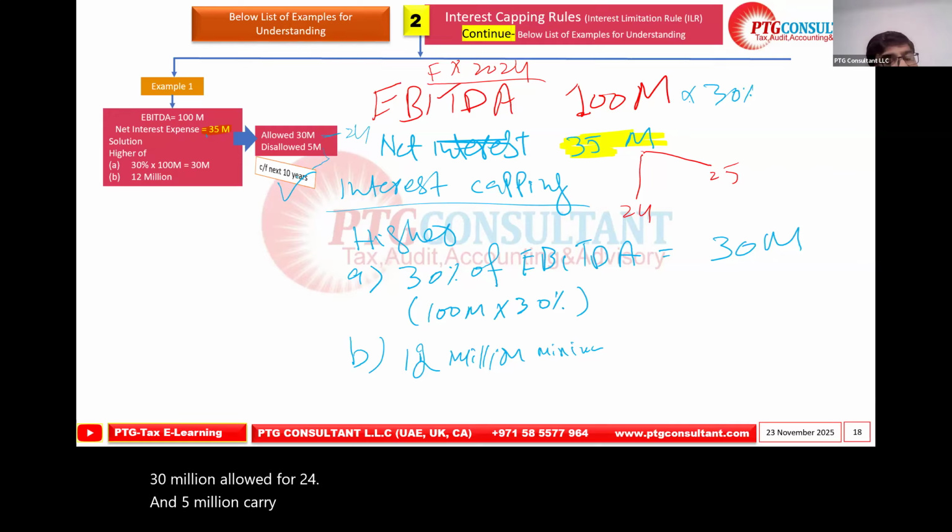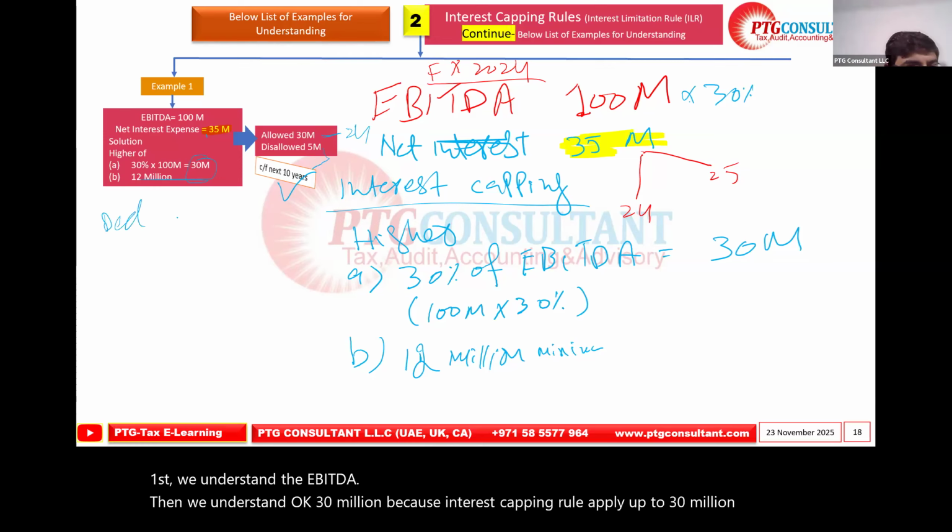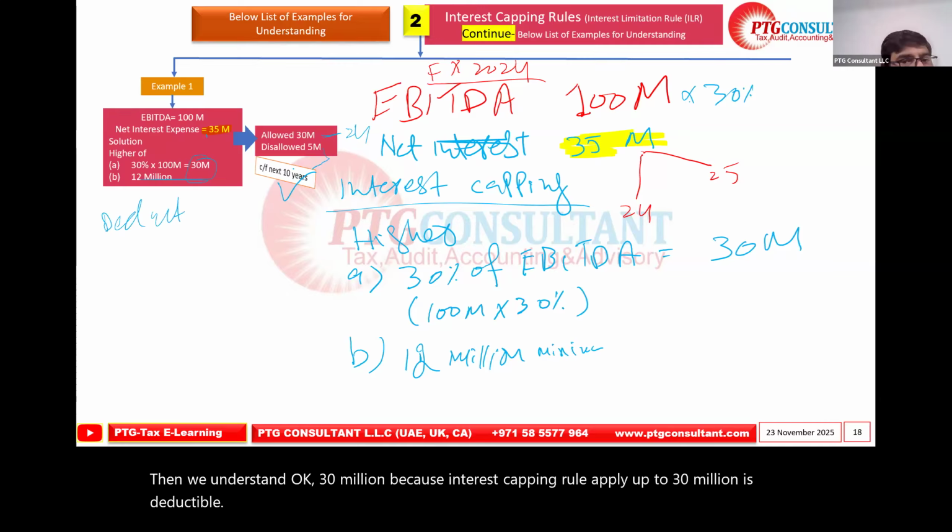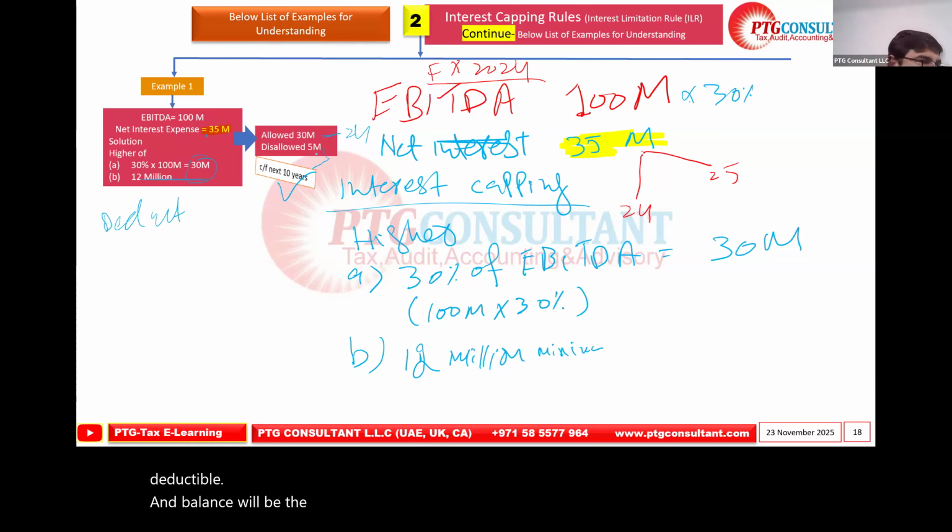So this is the interest capping rule. First we understand the EBITDA. Then we understand that the interest capping rule applies up to 30 million being deductible, and the balance of 5 million will be carried forward for the next 10 years.